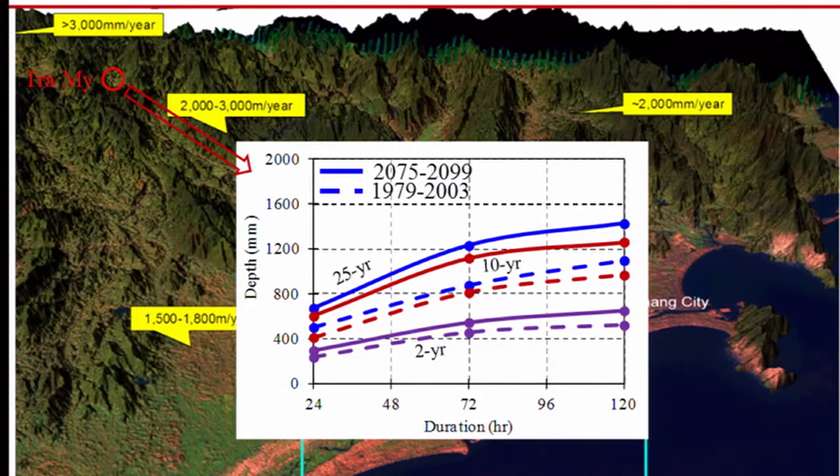We can see a significant increase of the rainfall intensities and frequency in the future, because the 10 years recurrent rainfall intensity will probably exceed those with 25 years recurrence in the present day climate.